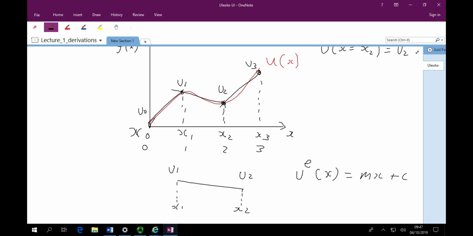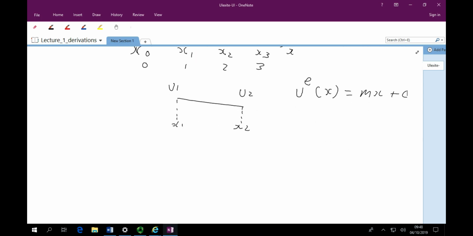Okay, so let's take that expression for the straight line, and we're going to substitute in the two known values. So u element at x equal to x1, we know is equal to u1, which we know is equal to m x1 plus c. So all we're doing is substituting in the fact that at u1 the value of x is x1 in that equation.